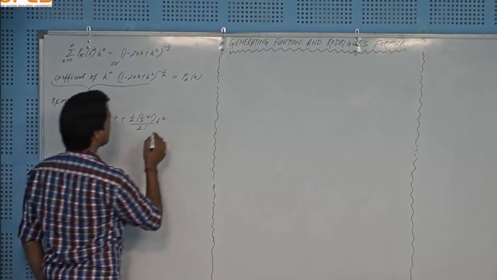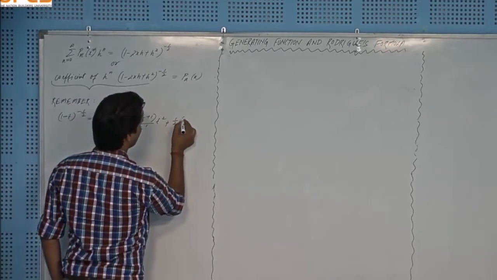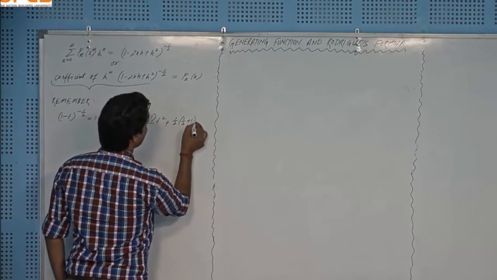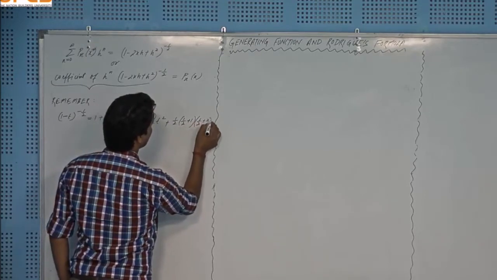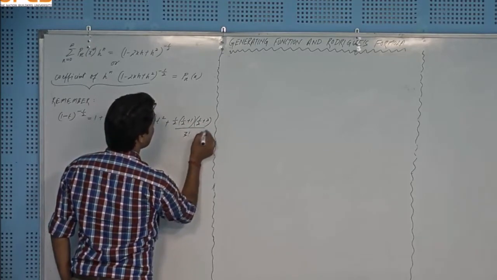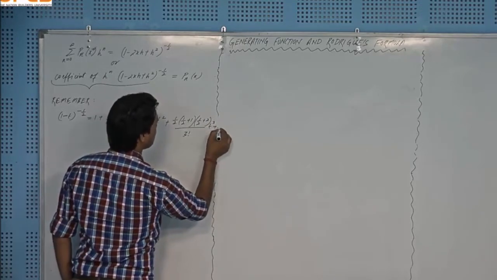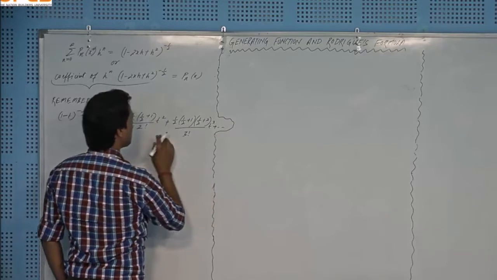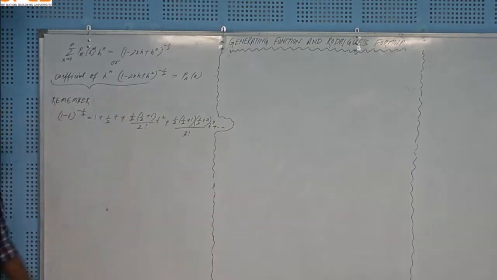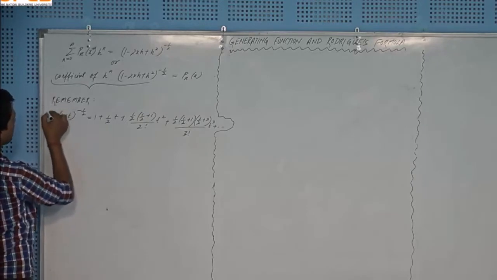And the next term will be 1 by 2 into (1 by 2 plus 1) into (1 by 2 plus 2) over 3 factorial t cube, and so on, right? So this is the expansion I am going to use to expand this, so you should remember this formula.